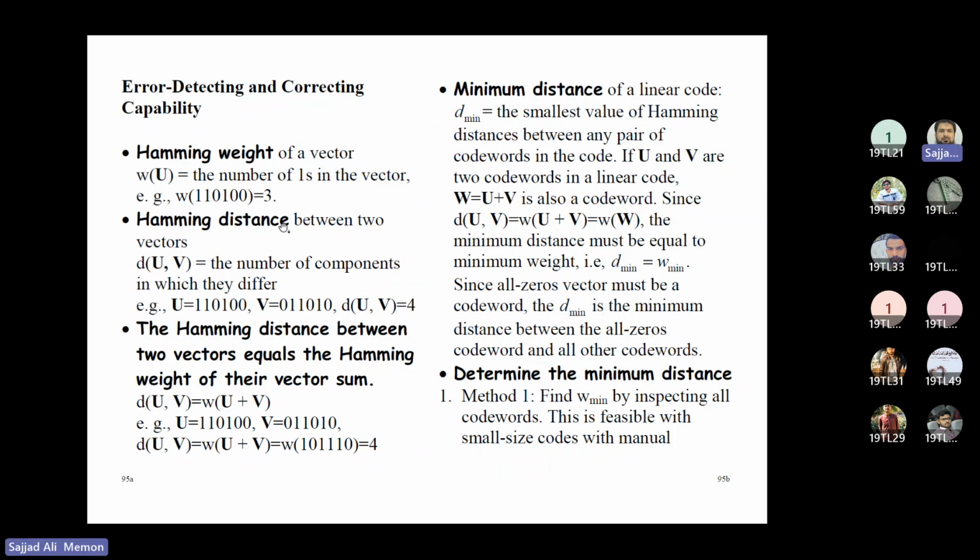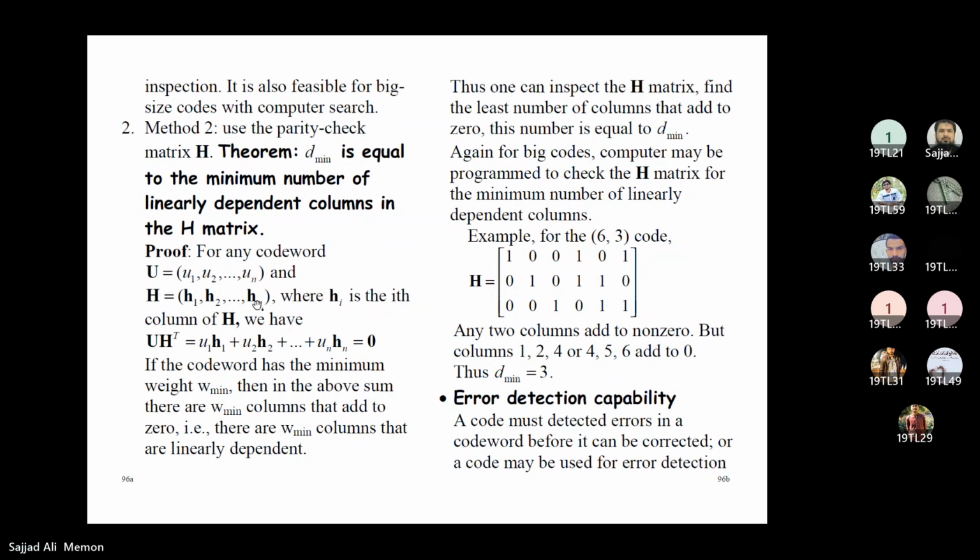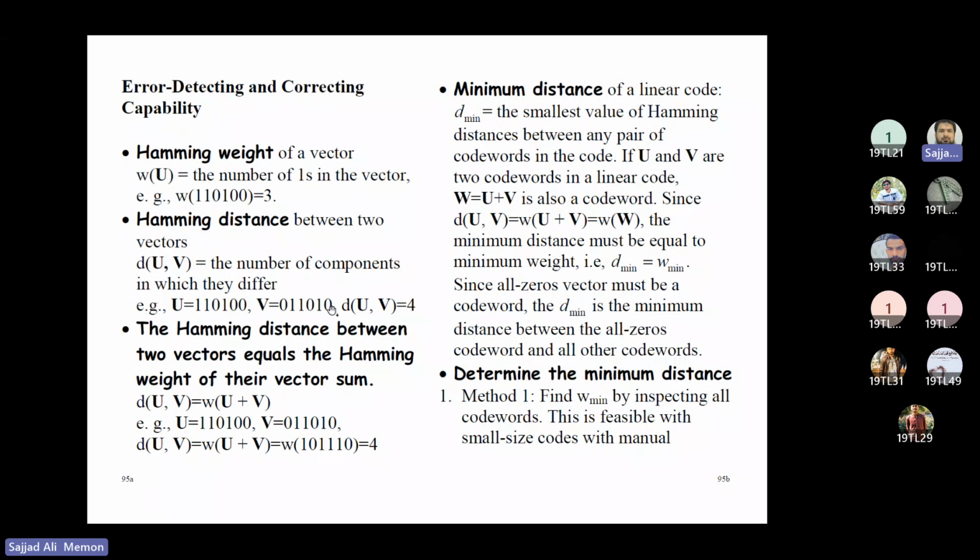And the Hamming distance between two vectors U and V is the number of components in which they differ. One by one: first position 1 and 0, so they differ. First position is 1, second is 1, so they do not differ, we will not count. 0, 1, count 2. 1, 0, differ, count 3. 0, 1, count 4. 0, 0, do not count.